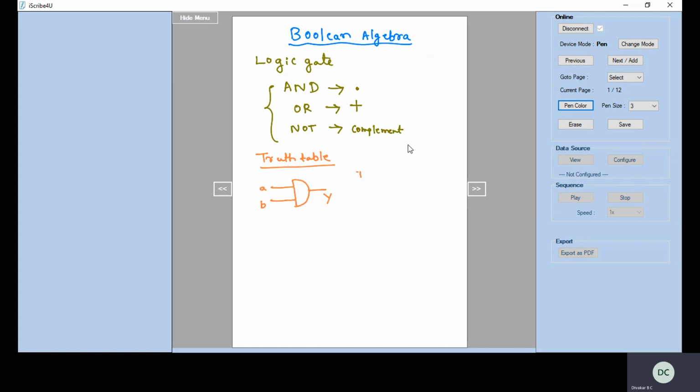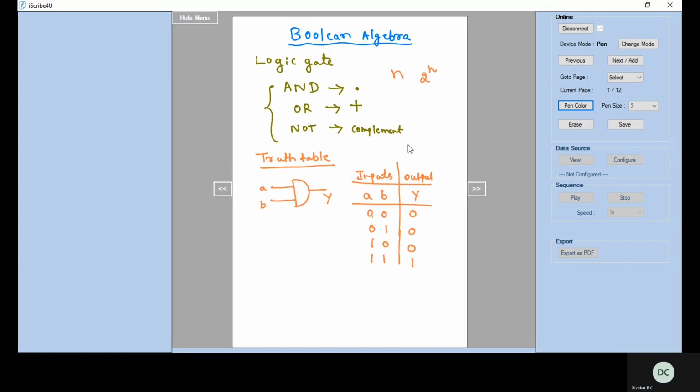Since there are two inputs, let us construct the truth table with inputs A and B and one output. For n inputs, we can generate 2 to the power of n combinations. So 2 squared, the different combinations are 00, 01, 10, 11. Performing the multiplication: 0 into 0 is 0, 0 into 1 is 0, 1 into 0 is 0, 1 into 1 is 1.